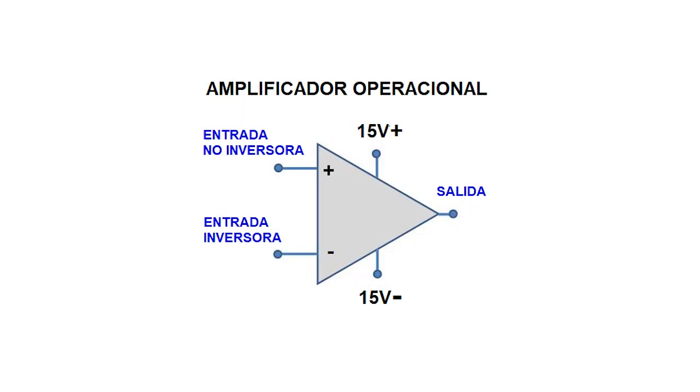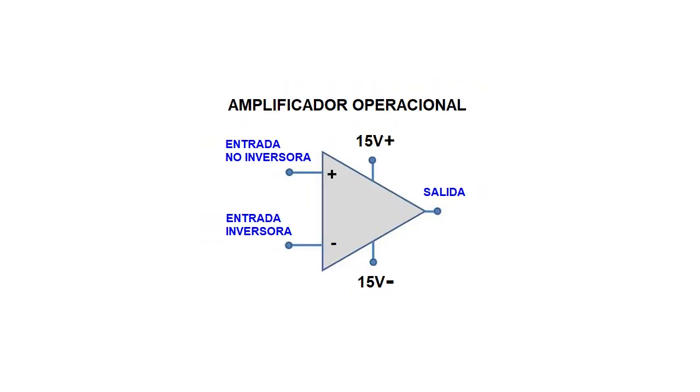We had already said that an operational amplifier basically compares. What it compares are the 2 inputs, and based on the input voltages we will deliver an output voltage. In this example we have an operational amplifier powered with 15 positive volts and 15 negative volts.